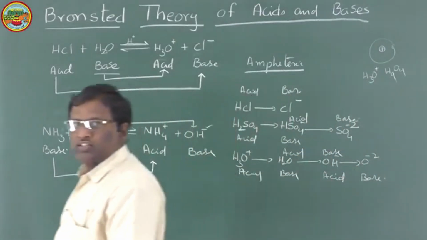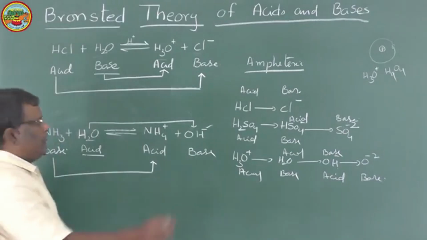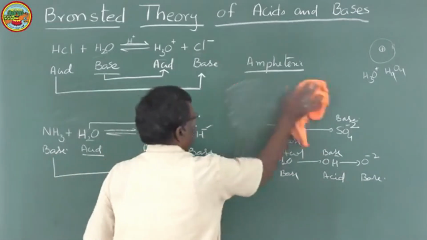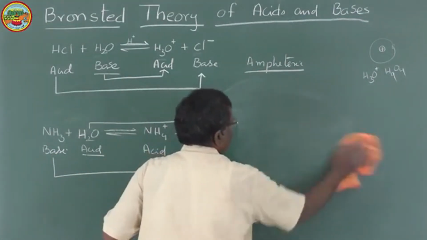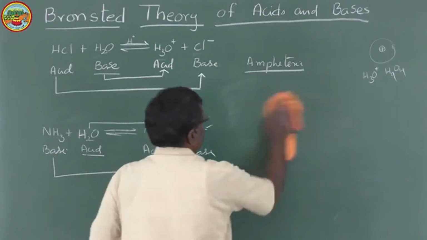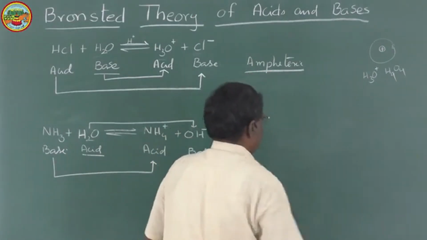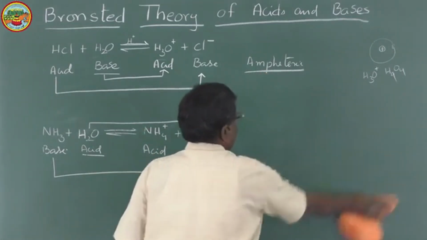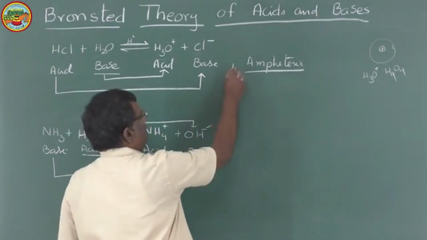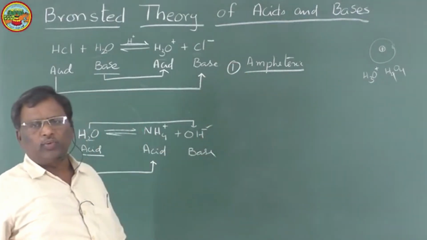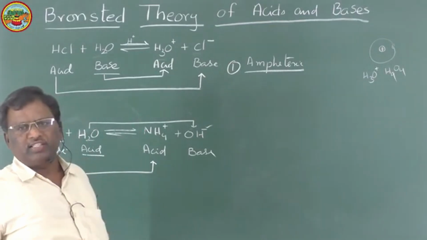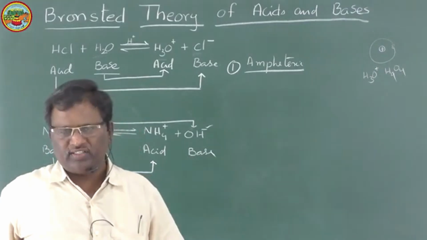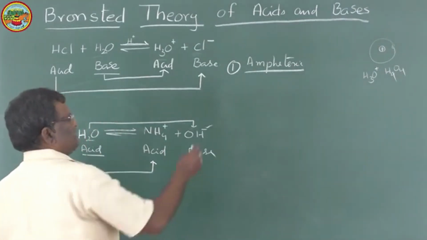First one is amphoteric solvents. Amphoteric solvents means those substances which can donate a proton as well as accept a proton. Another one is protonic solvents.